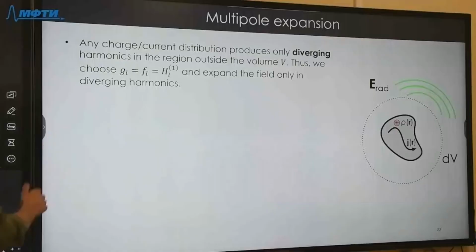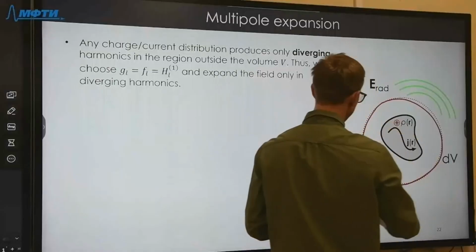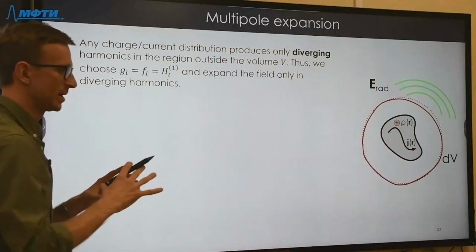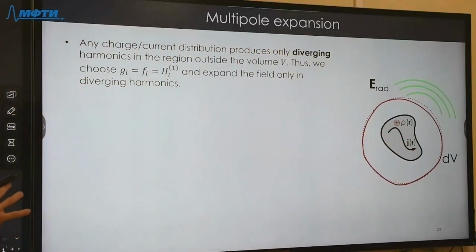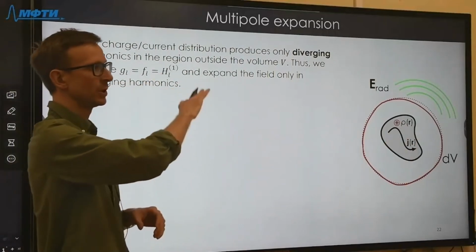But often we are dealing with a field that contains only divergent harmonics, because if our charge distribution is located completely inside, is completely enclosed by the surface dV, then outside the surface, the field must be purely outgoing.